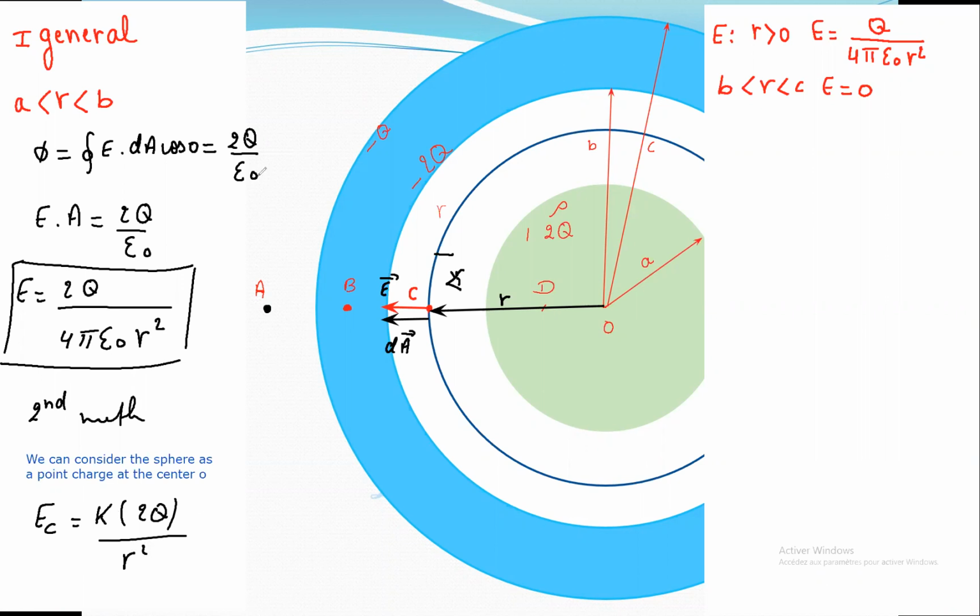We get the same result. K equals 1 over 4 pi epsilon 0. Okay, the same result. So this is case 1, 2. If R is between A and B, we have E equals 2Q divided by 4 pi epsilon 0 R square.